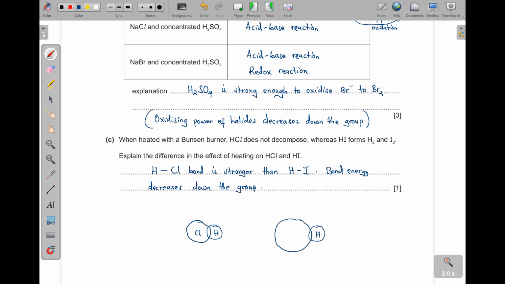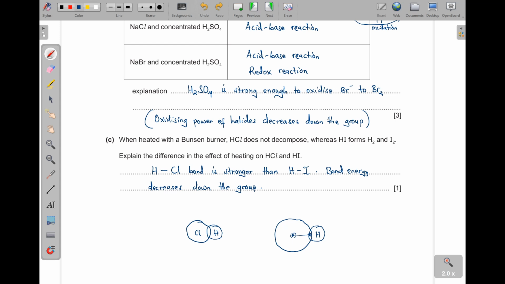Now the distance between the nucleus here and the bonding electrons here is not the same as for chlorine here, okay? The longer the bond, the weaker it is. The shorter the bond, the stronger it is. So that's why this one has a stronger bond compared to this one here.